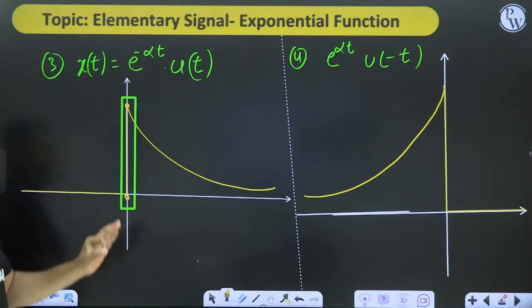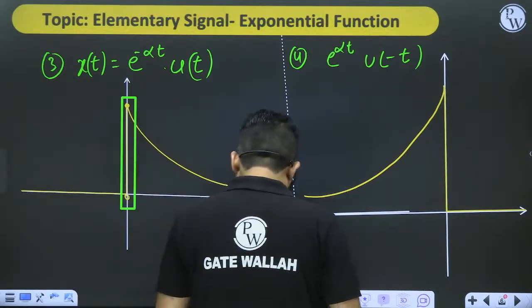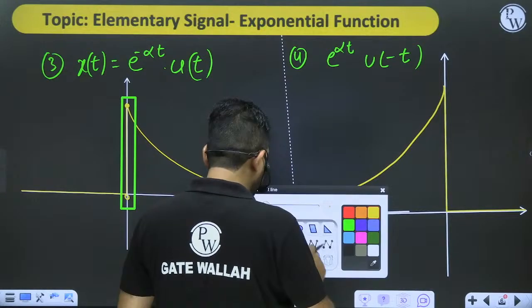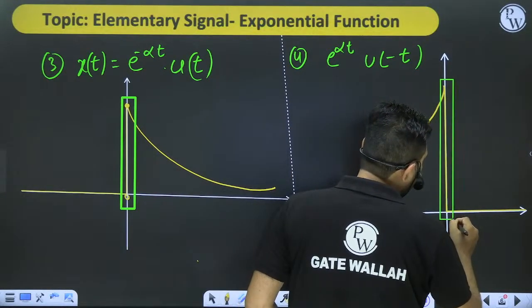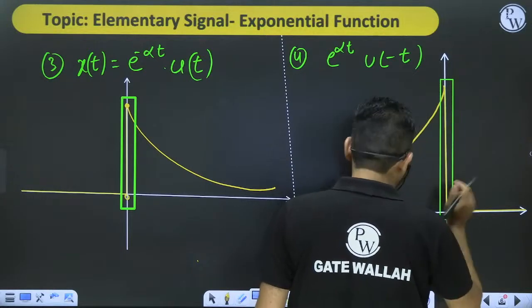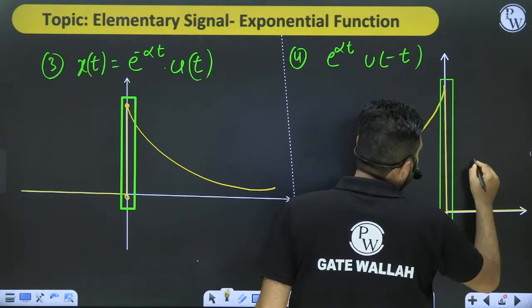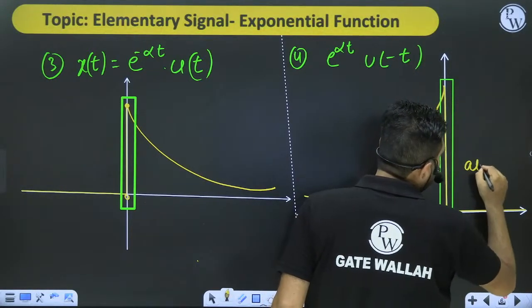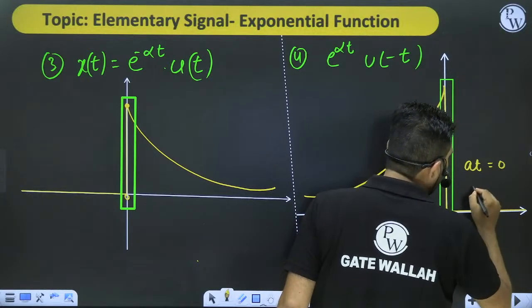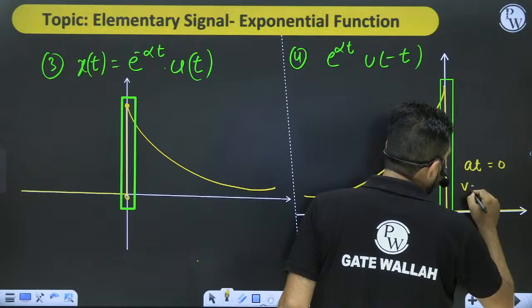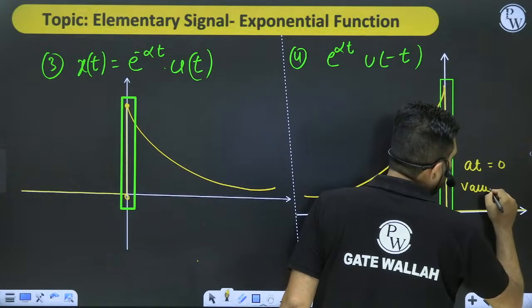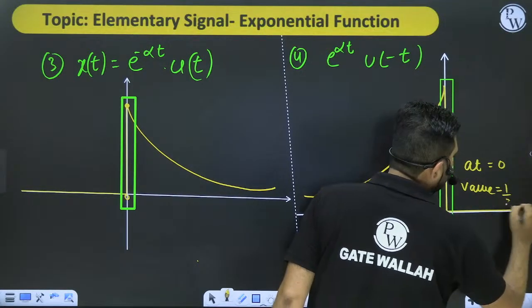What I am saying is that this is the point of discontinuity. Here also, if you look at the point of discontinuity, and if this is the function, see here, at this point of discontinuity, the value is equal to 1 by 2. So at 0, the value is 1 by 2.